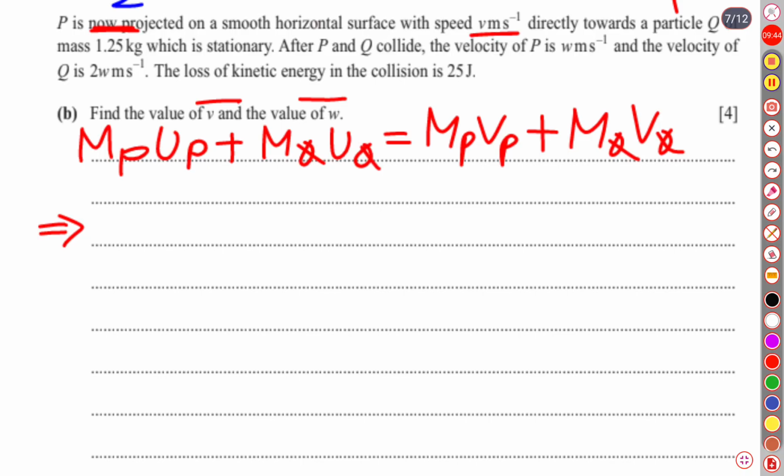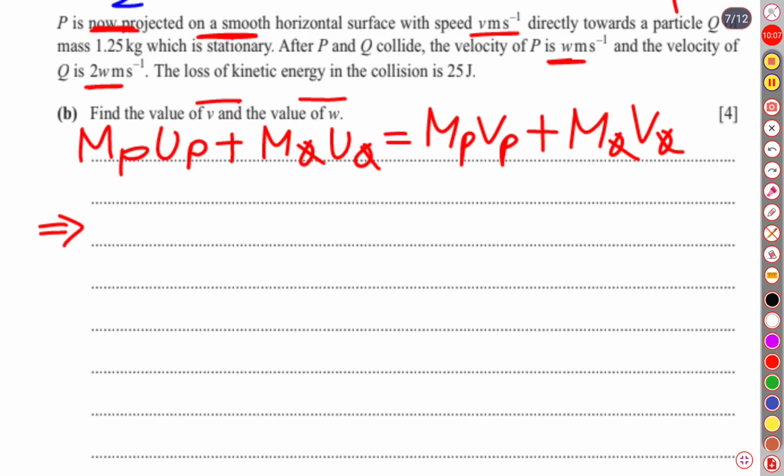And initial velocity of q was, it was stationary, means 0, and after collision final velocity of particle p was w, and the final velocity of particle q was 2w. So one after the other we are going to apply the values.